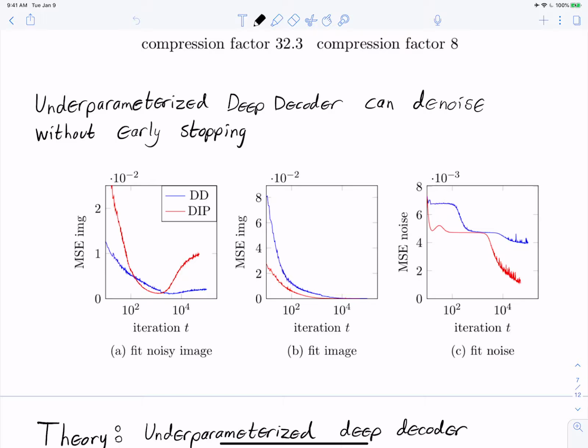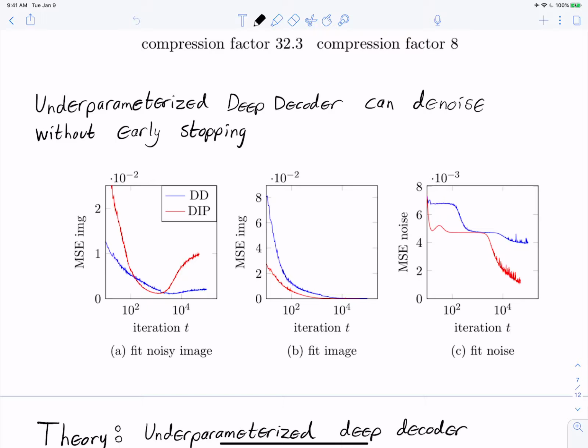So what we see for the noisy image with the red deep image prior curve is that initially the error of the image goes down and then starts to go up at a sufficiently high iteration count. Which is to say the error relative to the true noiseless image decreases and then eventually increases because at that point the deep image prior is fitting the noise in the noisy image that is being presented.